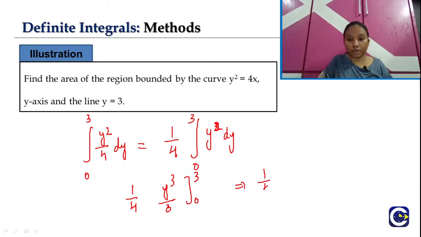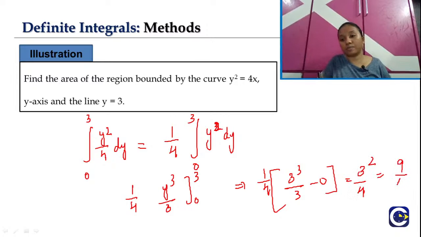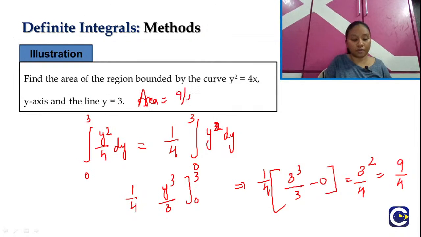So it will be 1 by 4 times 3 cube by 3 minus 0. The 3 cancels, so it will be 3 square by 4, which is 9 by 4 square units. So the area bounded here is equal to 9 by 4 square units.